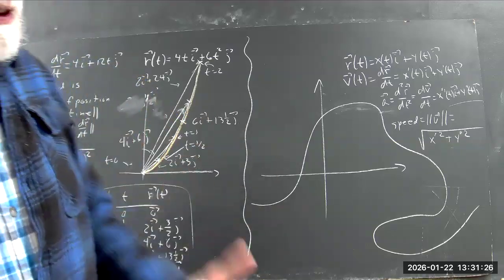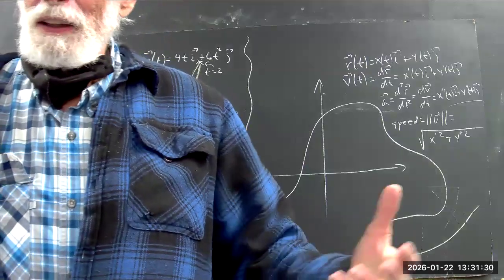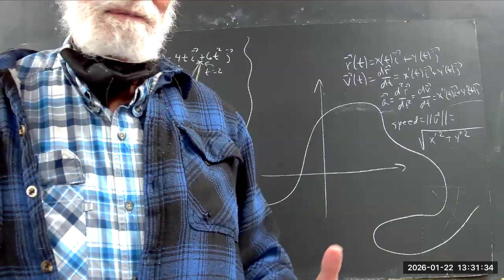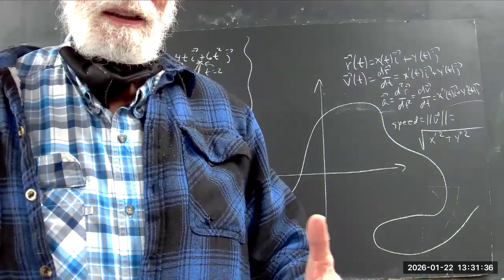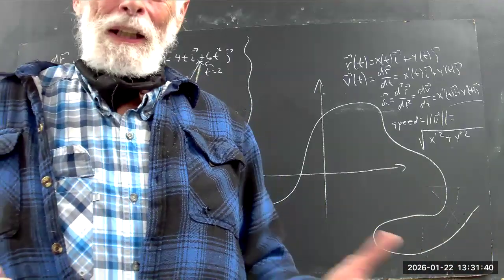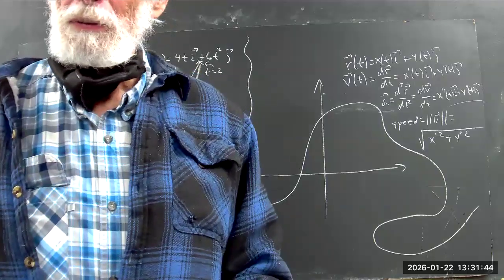And the conversation went something like this. Okay, if you know speed and time, how do you get the distance? Well, speed is distance divided by time, so you multiply the time by the speed. And that's true if you have a constant speed. But what if you don't have a constant speed?